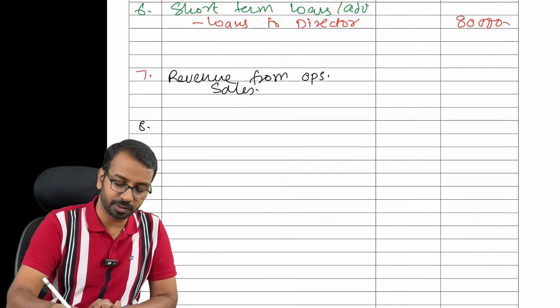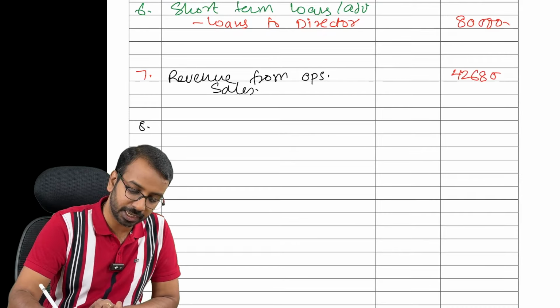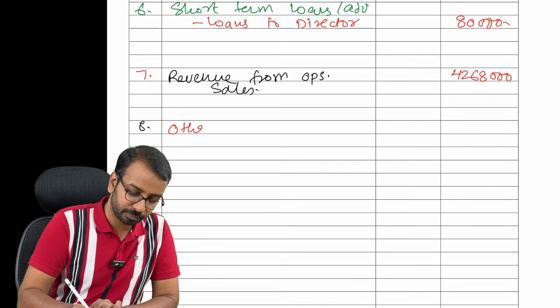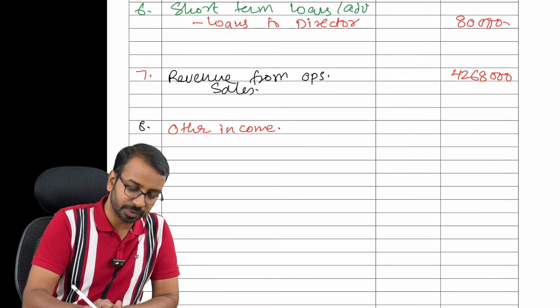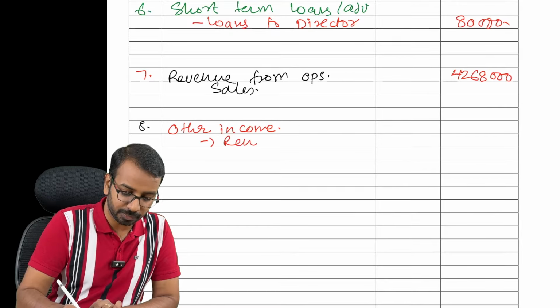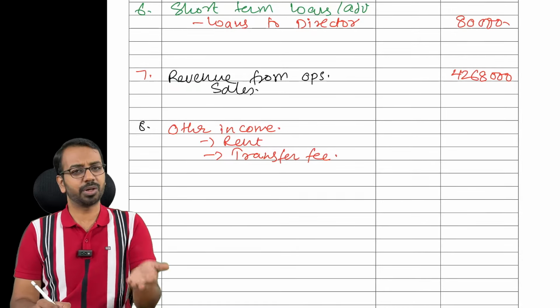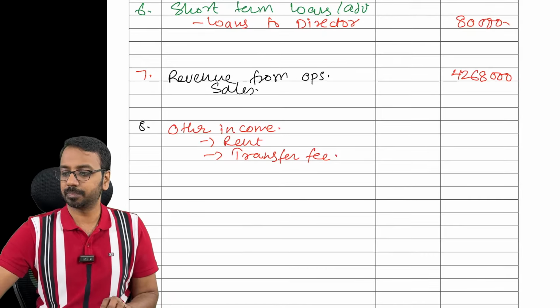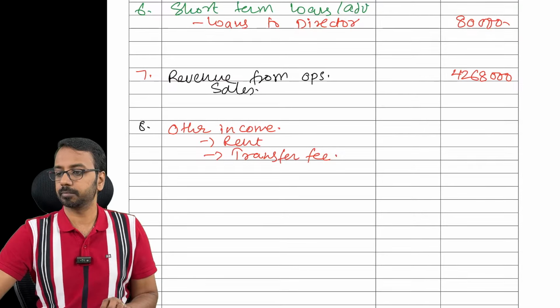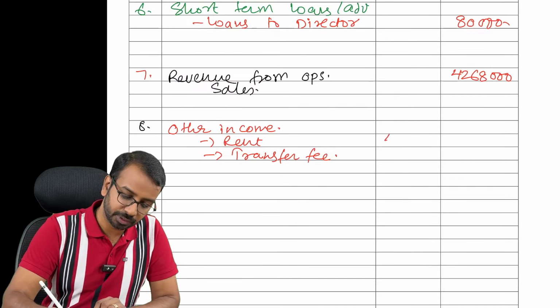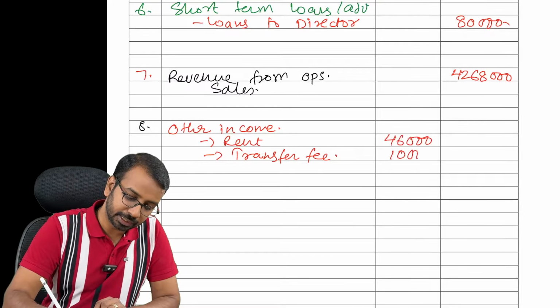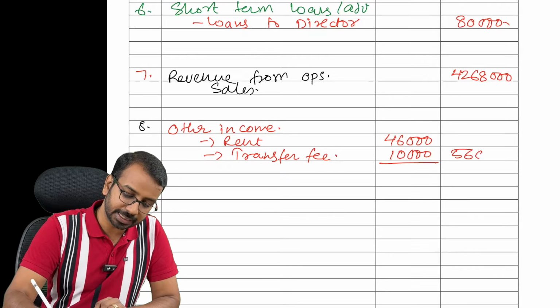Time and again, if I keep going up and down, it is just wasting time. 42,68,000. And other income. What are the other income items? They had given rent and the second one was transfer fee. Sir, how do we know this is income or expense? Arey Baba, if it is on the credit side, it is an income. So you can directly take it. That is 46,000 and 10,000, which is 56,000.